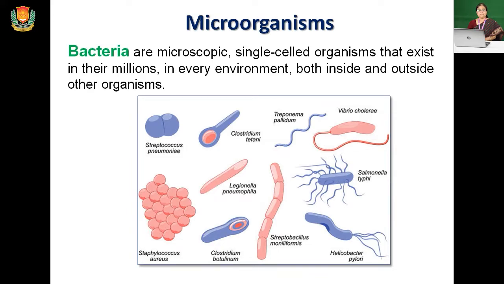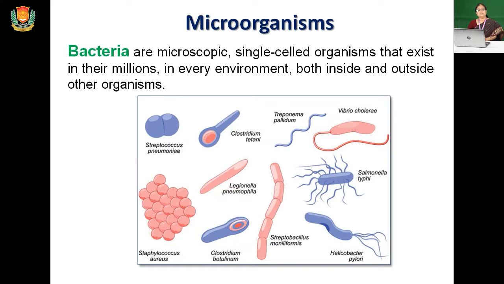Bacteria, what are bacteria? They are microscopic single-cell organisms that exist in their millions in every environment, both inside and outside of other organisms. For example, on our skin, we have a lot of microbes present, which are sometimes beneficial or sometimes injurious also.